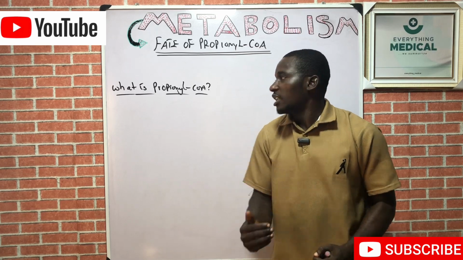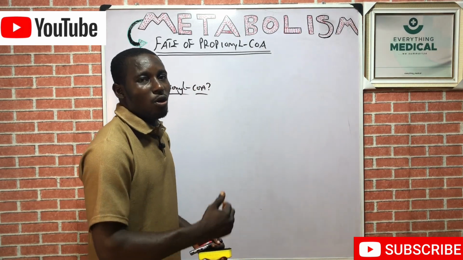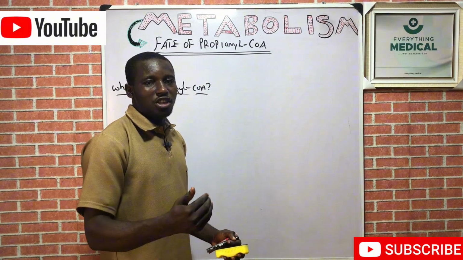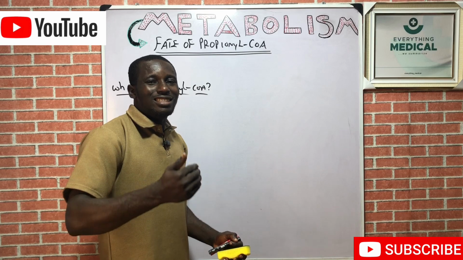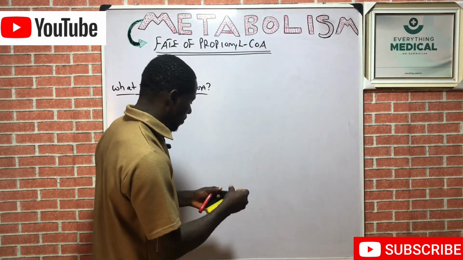Of gluconeogenesis. Now let's dive into the metabolic pathway proper, on how its fate undergoes to generate succinyl-CoA, which enters the TCA cycle to generate oxaloacetate. Let's go proper.